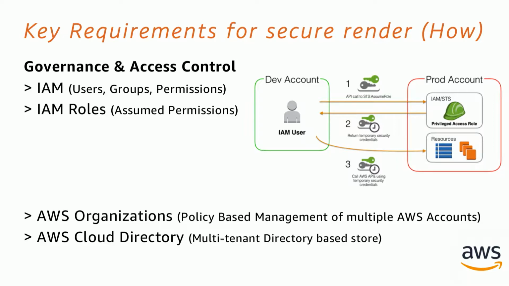So let's assume the case where you have a dev account and a production account. You could have an IAM user with very restricted, specific privileges. So it's basically the least privilege principle within security. For those of you who know the different principles within security, you would understand the least privilege principle.